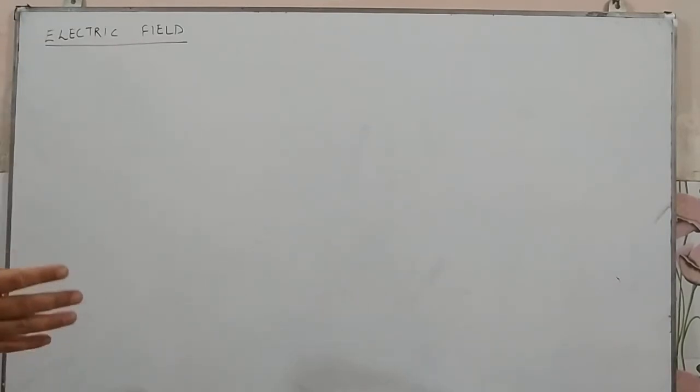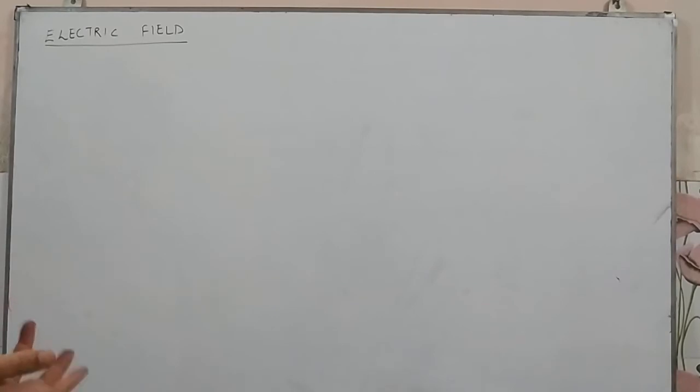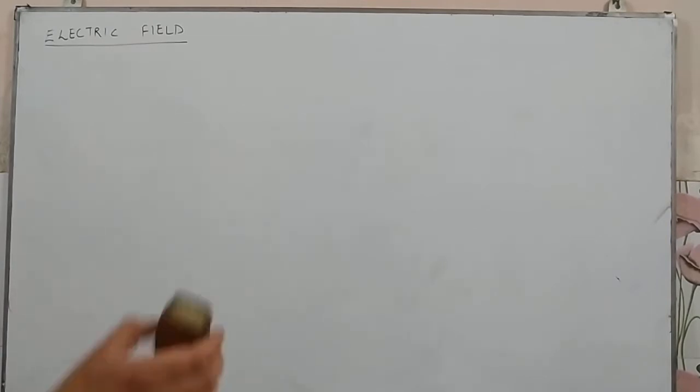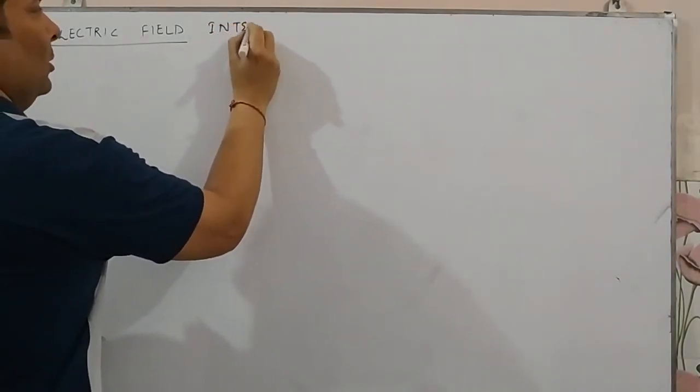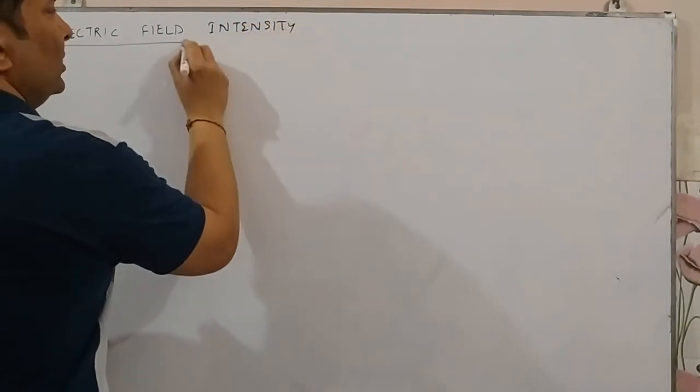It is the space or the region around an electric charge in which its electrical influence can be experienced by other bodies or charges. Okay. So next is electric field intensity. Let's talk about the electric field intensity. That is an important topic in this section. What do you mean by electric field intensity?